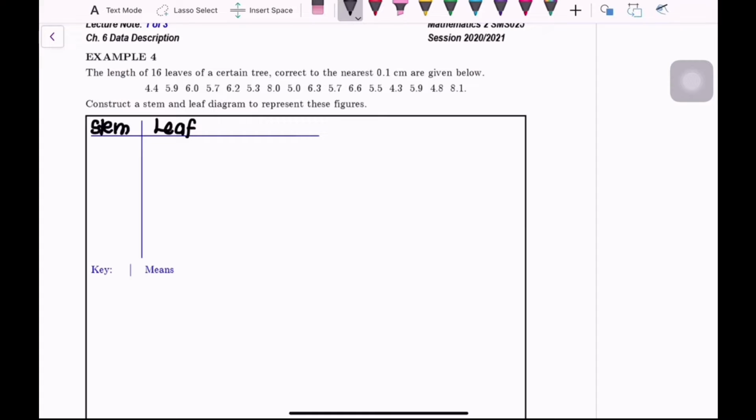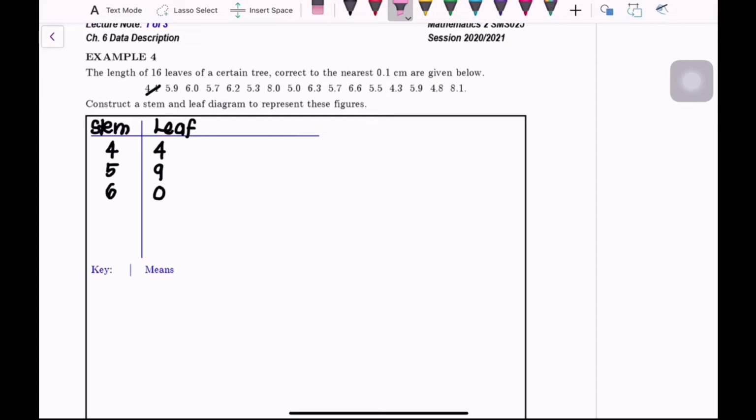For the value 4.4, we write 4 as a stem, 4 as a leaf. For second value 5.9, so 5 as a stem and 9 as a leaf. For 6.0, 6 as a stem, 0 as a leaf.